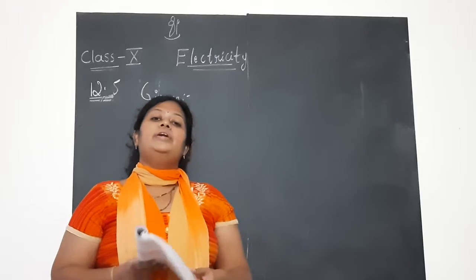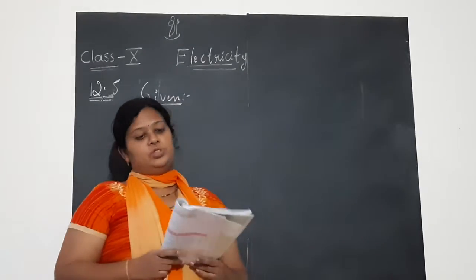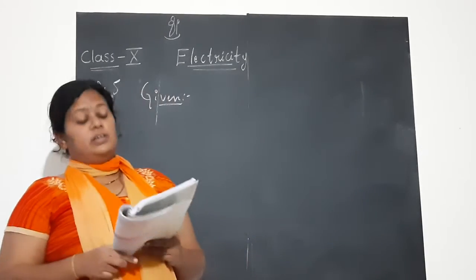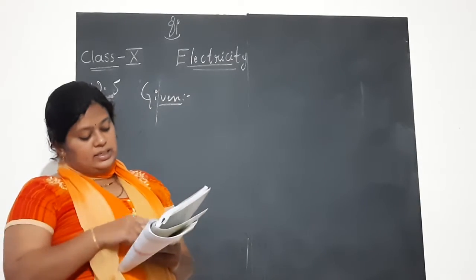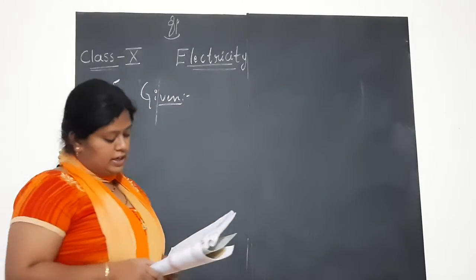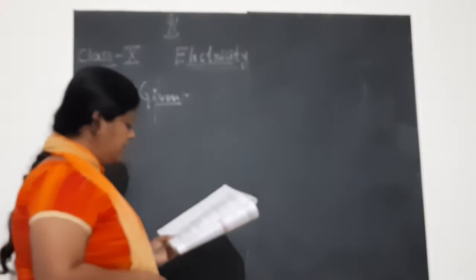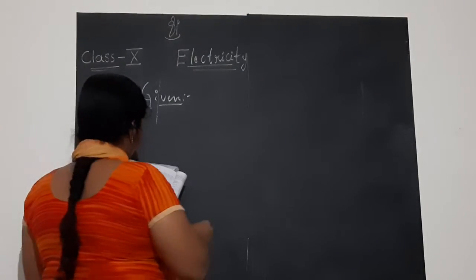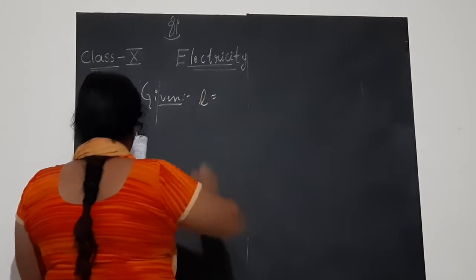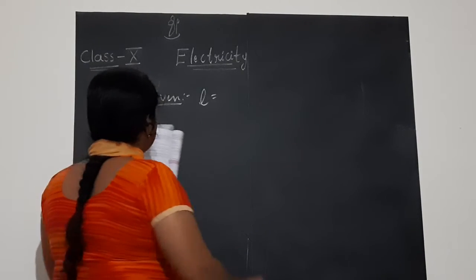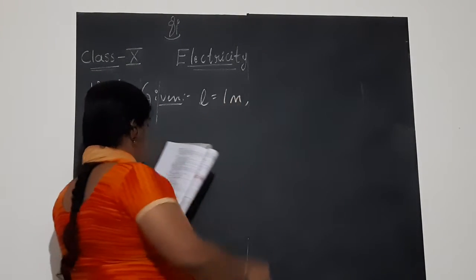R is equal to rho into L by A is the formula which we have to use here in order to solve this. Resistance of the material of the wire of length 1 meter. So, length of the wire is 1 meter.